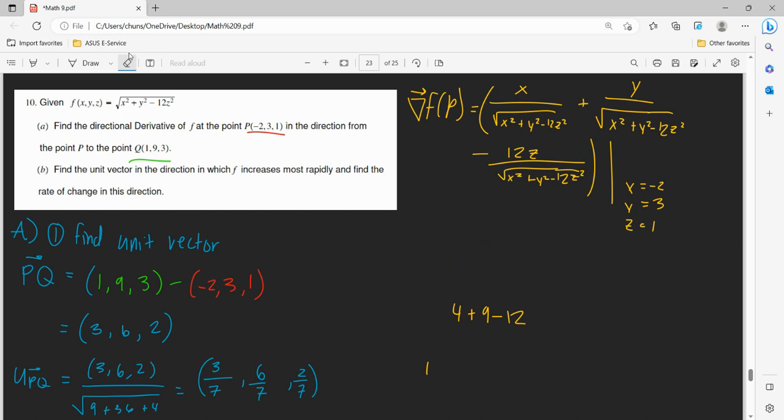So this means that we have negative 2 over 1, plus 3 over 1, minus 12 over 1. And these are still separate.